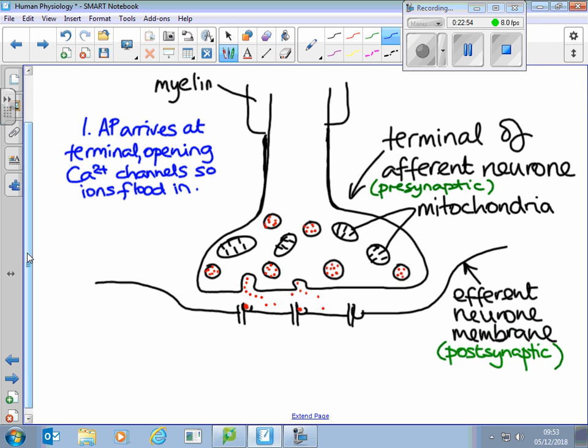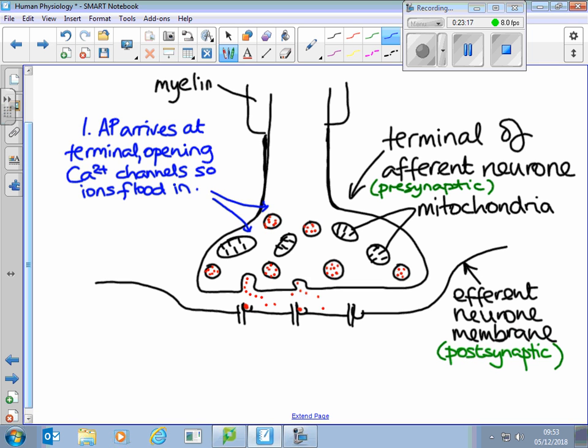So the first thing then is our action potential. Then that wave of depolarization of the membrane gets to this point on the neuron. That will open calcium channels, so I could put little arrows, calcium is going in here. All right, so that's happening there.